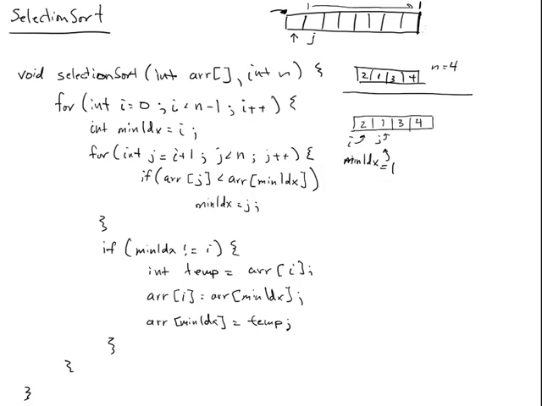Okay, so now our second, we're still inside this loop right here. Our j is going to move over to here, and we're going to ask the same question. Does the array value at 2, which is 3, is that less than the value at min index? And remember, our min index is 1. 3 is not less than 1, so we don't change min index.